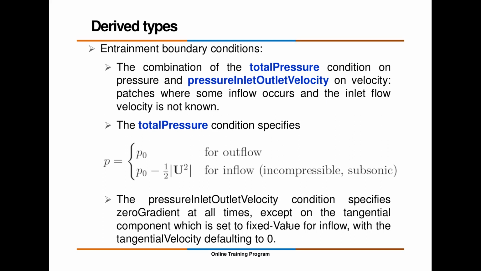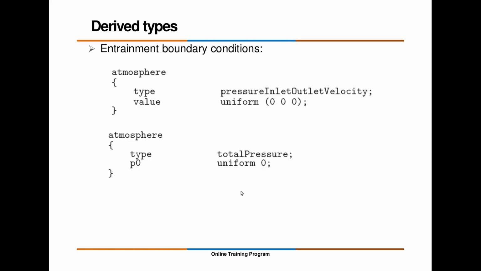If you look at the same page, total pressure P0 entry goes to 0. If you have some pressure driven flow, then specify the pressure at that location. On the velocity side you specify simply pressure inlet outlet velocity, and it goes very smoothly with that particular class of conditions.